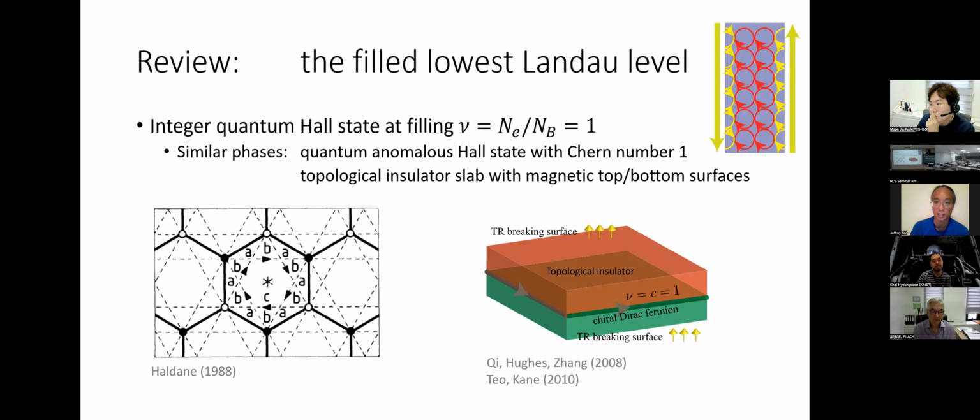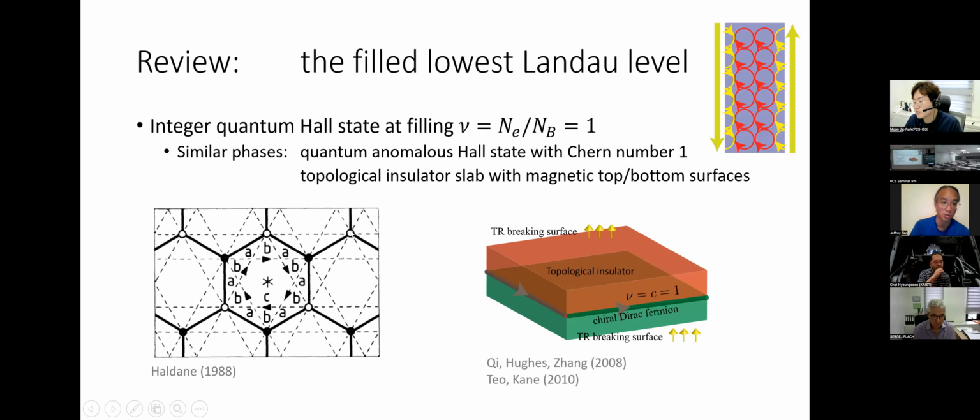So that's the integer quantum Hall phase, but there are some similar phases that are related to the filled lowest Landau level. For example, on the left diagram here, that's the Chern insulator or the quantum anomalous Hall state. This diagram is the Haldane honeycomb model.